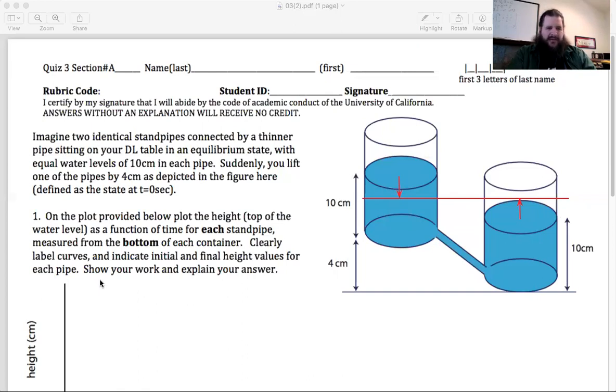So we end up with a final situation that's going to be, let's see if I can draw this in. The right tank in the final situation is going to be full to 12 centimeters. The left tank is going to be full only to 8 centimeters.